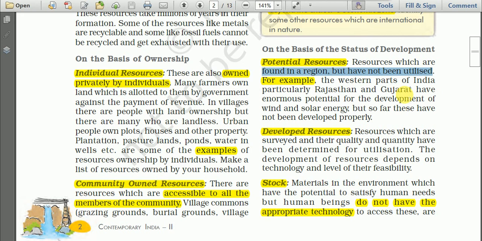Resources which are found in a region but have not been utilized. For example, the western part of India, particularly Rajasthan and Gujarat, have enormous potential for the development of wind and solar energy, but so far these have not been developed properly.